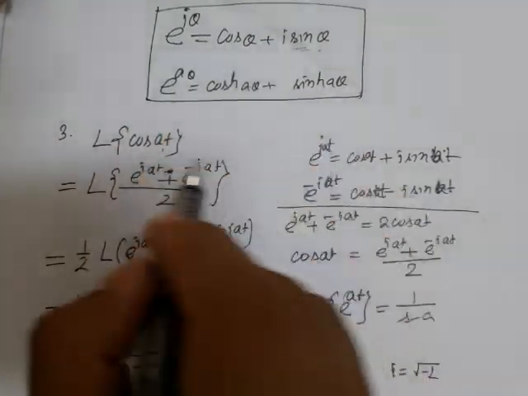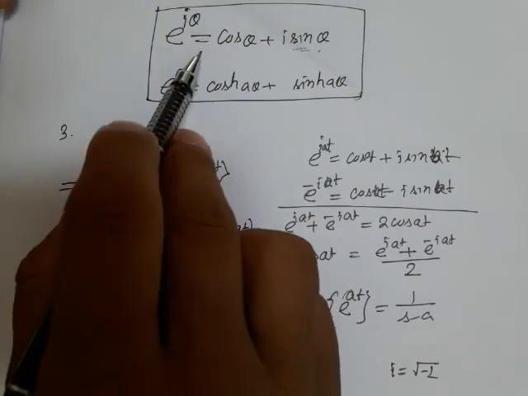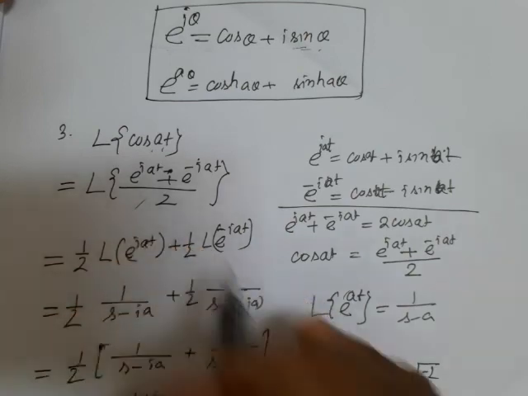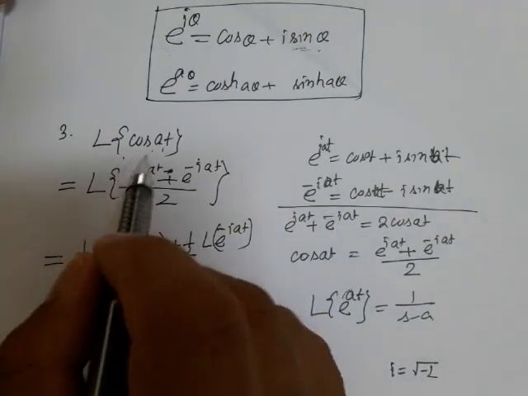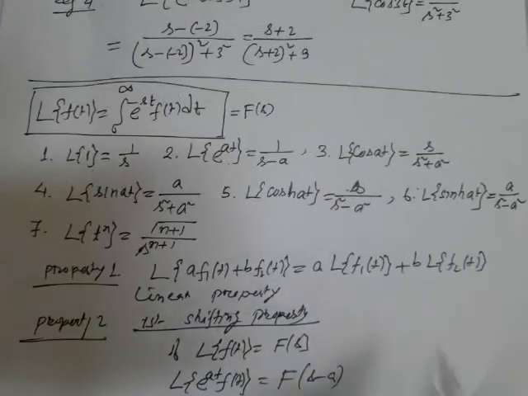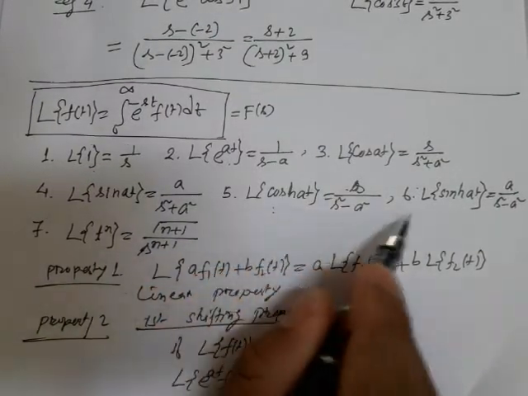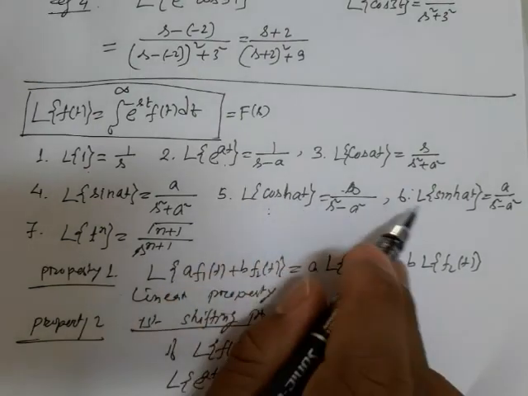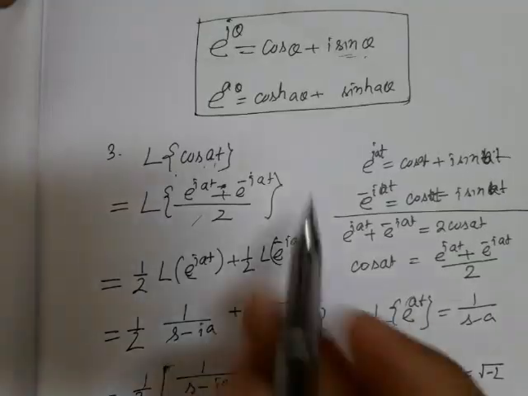Similarly for sin a t, we can use this formula to derive the Laplace transformation of sin a t. For cosh t and sinh t also, to derive these formulas we can use this formula.